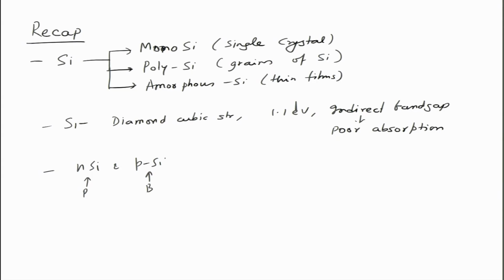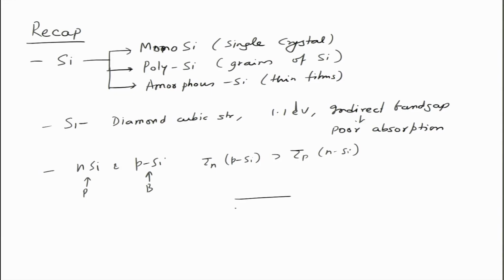This doping leads to reduction in the carrier mobility as well as lifetime. However, P doped silicon has higher lifetime. So tau N in P silicon is larger than tau P in N silicon. As a result, P silicon is the base and N silicon is typically the emitter.